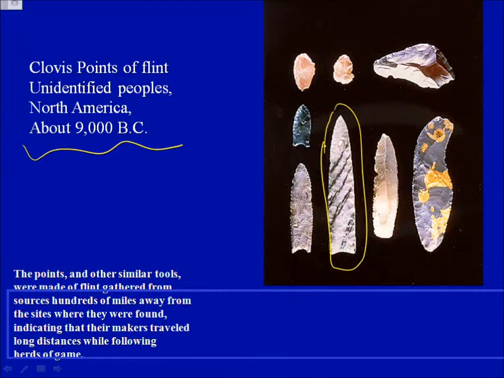And these are some of the earliest tools that are found, called the Clovis points and flints. And this is in the Americas about 9,000 BC, and you can tell from the serrated edges and so on. They'd fasten these to spear points and then throw them.